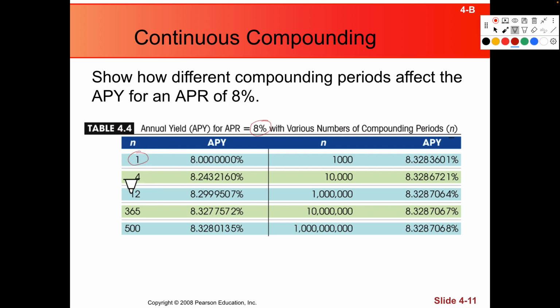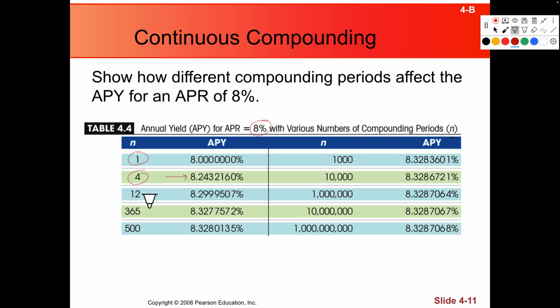But if they pay it as it goes, 4 times a year, so that's quarterly, every 3 months, it's the same as getting a higher interest rate. You're still getting 8%, but when you calculate it, and you'll do some of these calculations in the homework, the yield of that is like getting a higher interest rate.